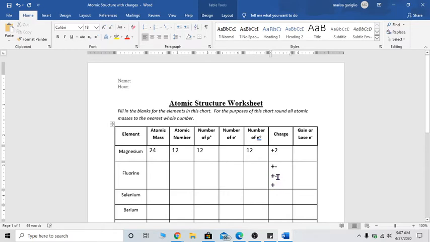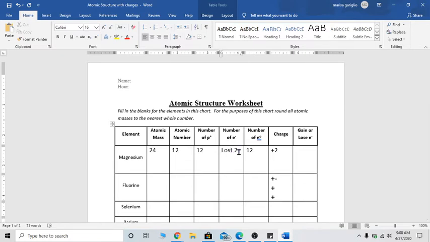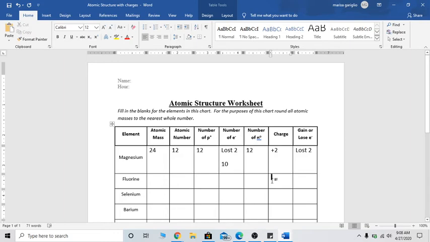So we lose 2 electrons to somewhere else, maybe to you rubbing your feet along the carpet, and now it gives a positive 2 charge. Okay, so that means I lost 2 electrons here. I lost 2, and you don't have to type that in, I'm just doing it so you can get a visual. So that means I have 10 electrons now, and that means I lost them. Lost 2.